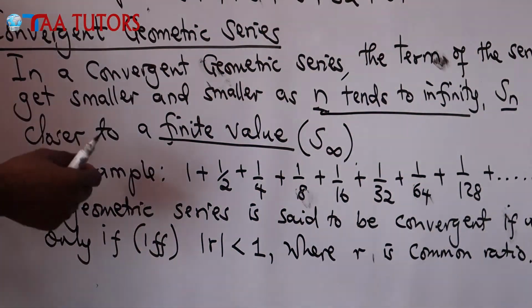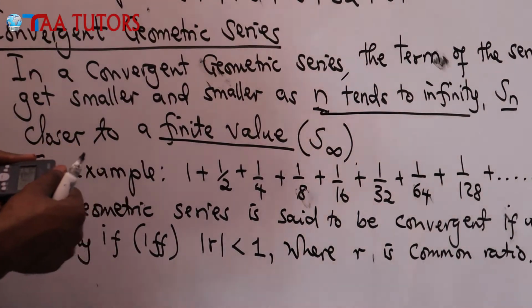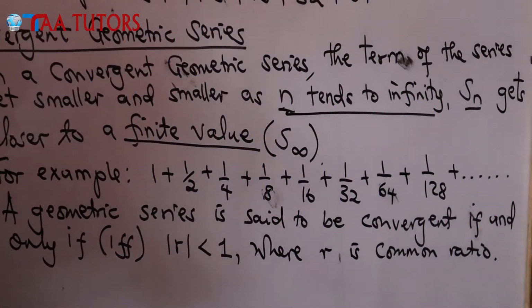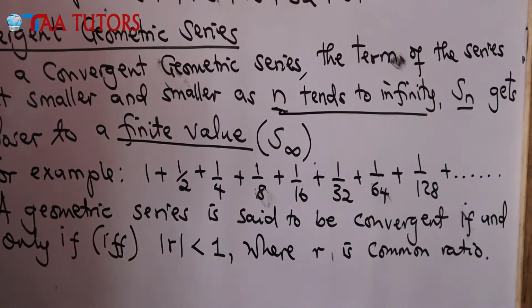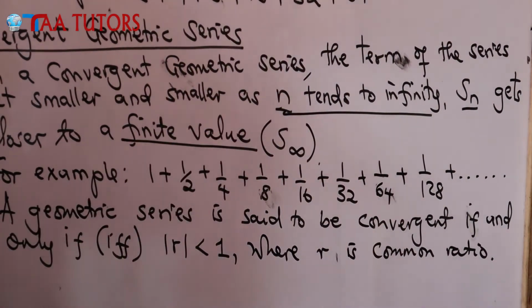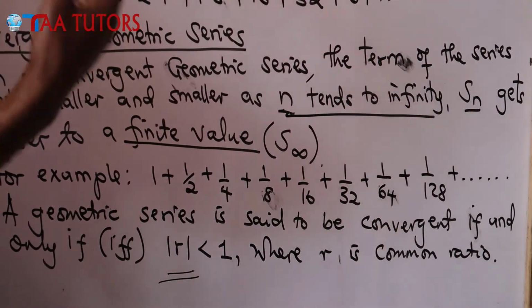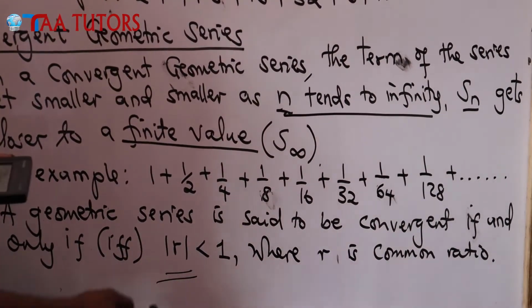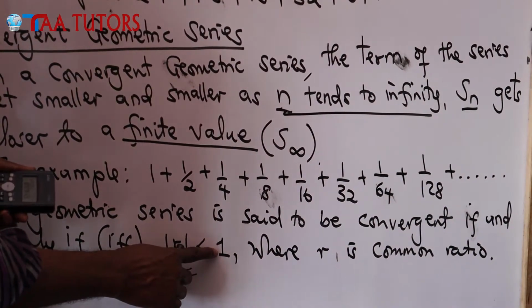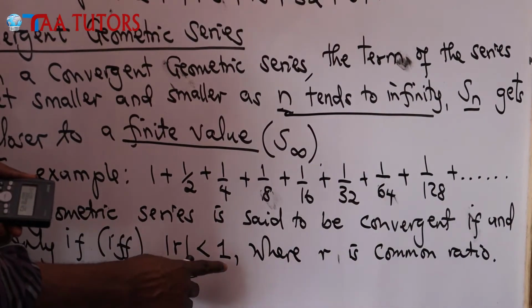So we say that a geometric series is said to be convergent if and only if, and in mathematics we write iff with the double f, that means if and only if the absolute value of r. Absolute r means that it could be either positive or negative, so absolute r could be -1 or +1.